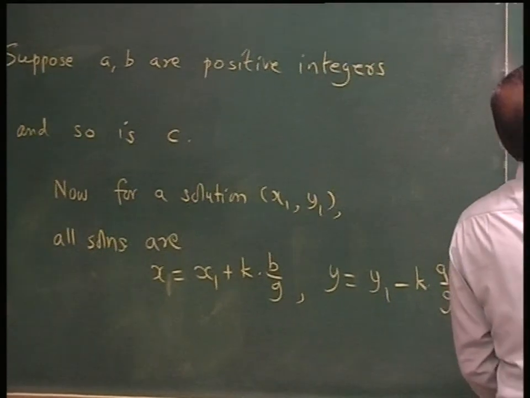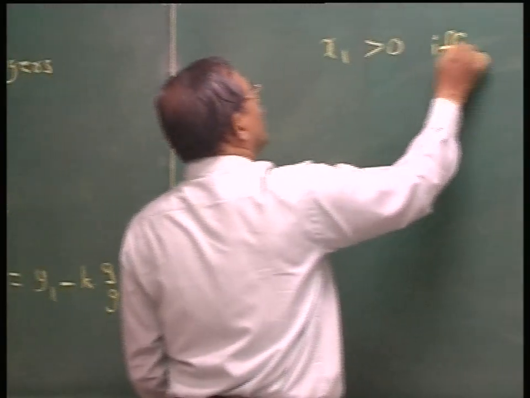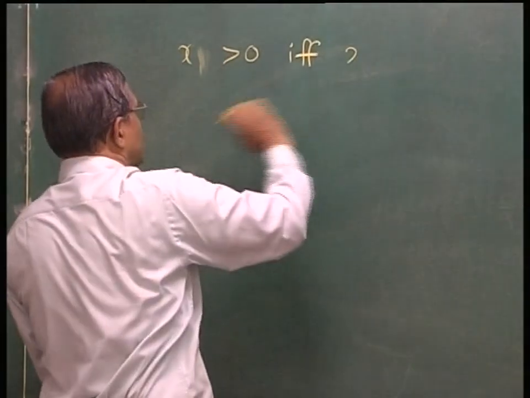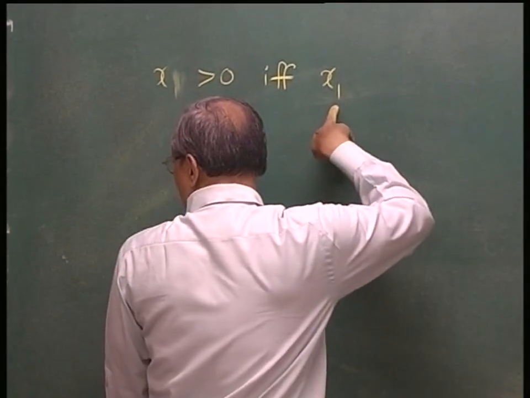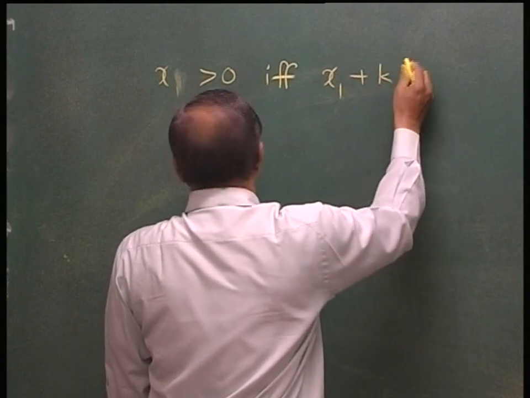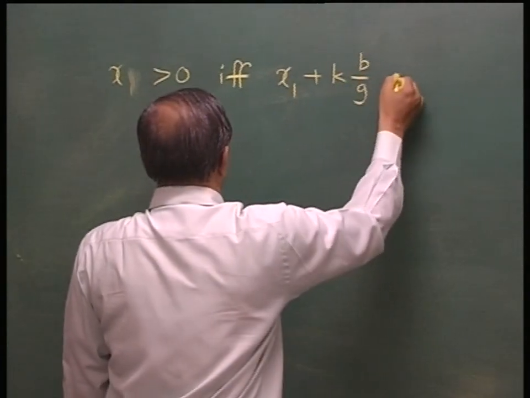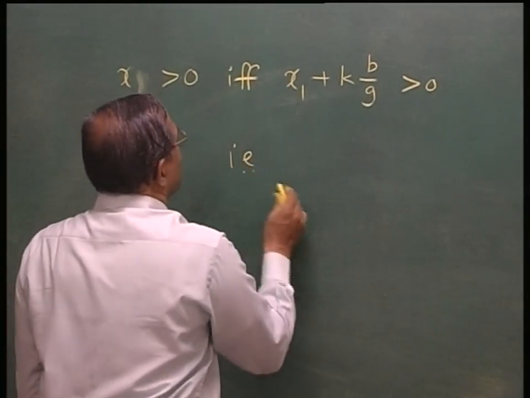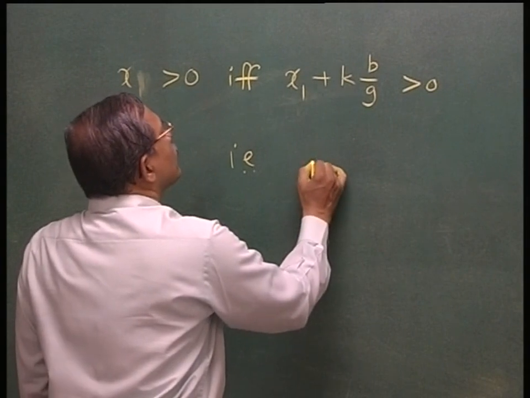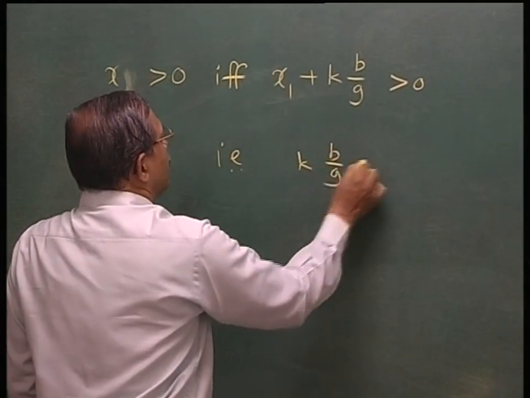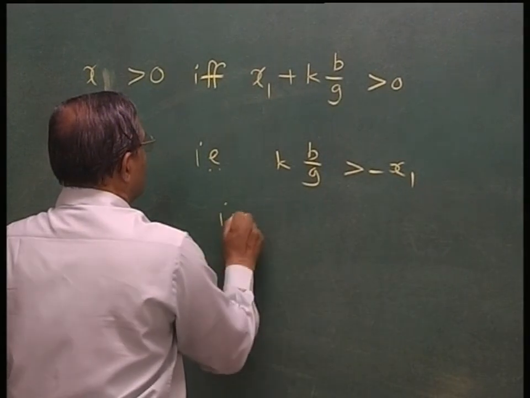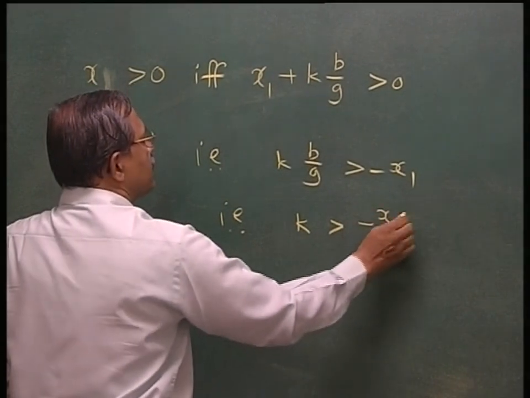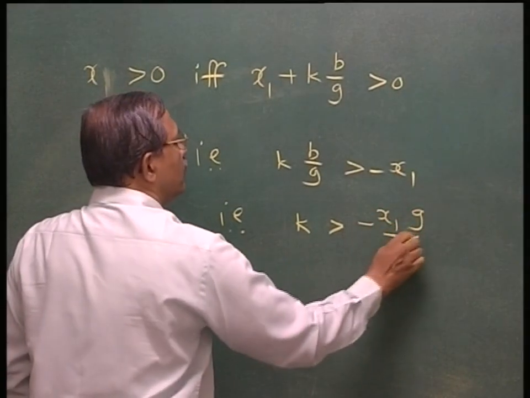So x bigger than 0 if and only if x1 plus k times b by g is bigger than 0, that is k b by g is bigger than minus x1, that is k is bigger than minus x1 g by b.